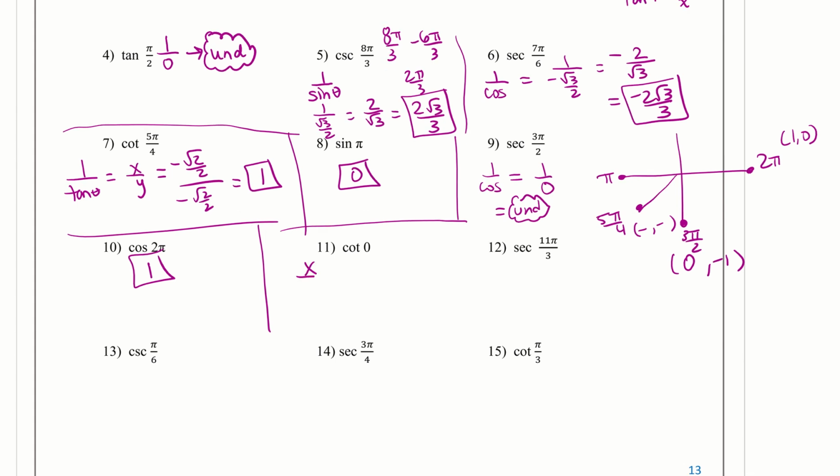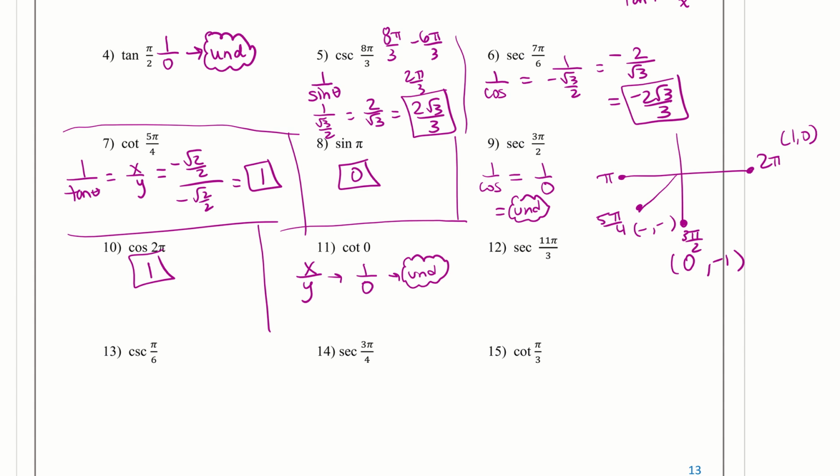So this would be x over y for 0, which is the same as 2 pi. So this would be 1 over 0, and we have another undefined. By the way, 0 on the top, 0 over 1 is 0. 1 over 0 is undefined. Just FYI.